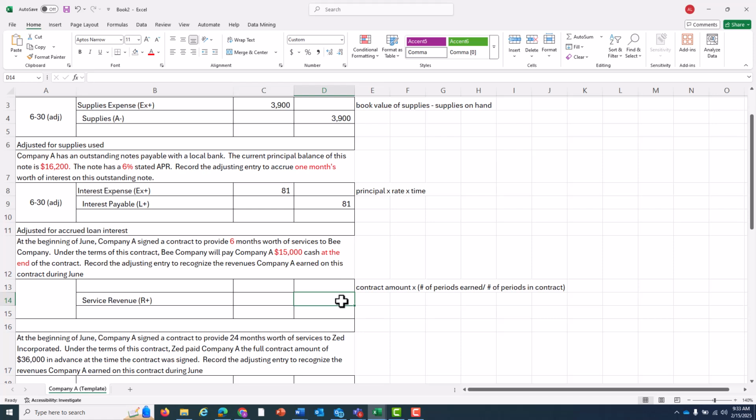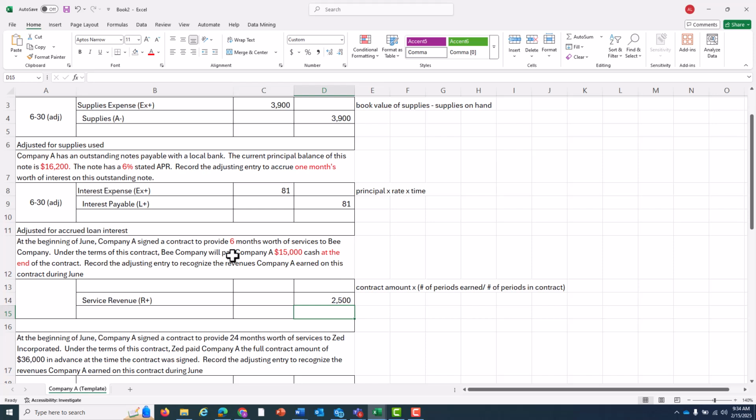Well, we're going to take our contract amount, which we know to be $15,000, and I'm going to multiply that by the number of periods earned. We signed this at the beginning of June. It's now the end of June. That's 1 month over how long the contract is for, and it's a 6-month contract. So if we did 1 month's worth of work on our 6-month contract, we should be able to recognize 1/6 of the contract amount as earned revenues, and we're going to do that right here for $2,500.